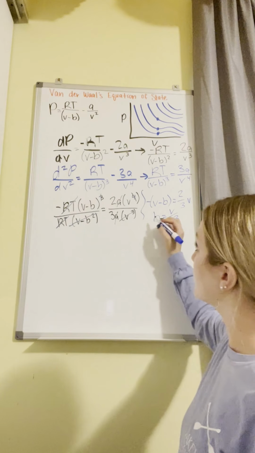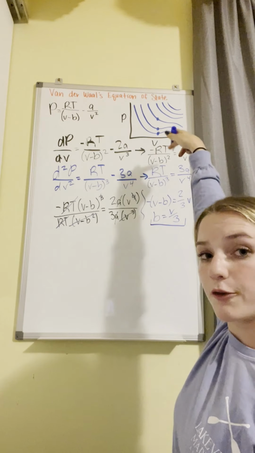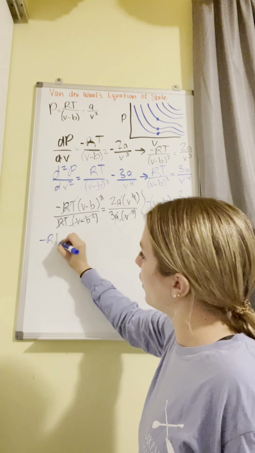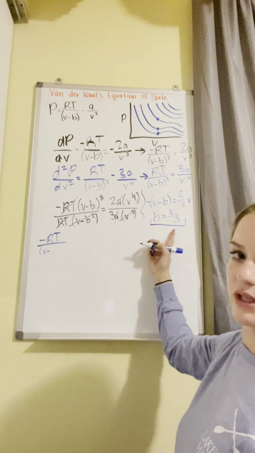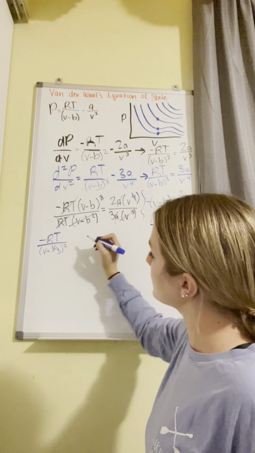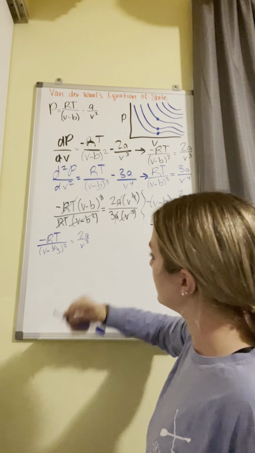Now we can put our new value for B back into our first derivative. So we will get negative RT divided by V minus, this is where our new B comes in, V divided by 3, this all squared, and it's going to be equal to 2A over V cubed.